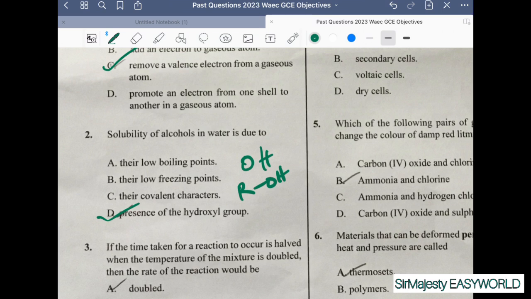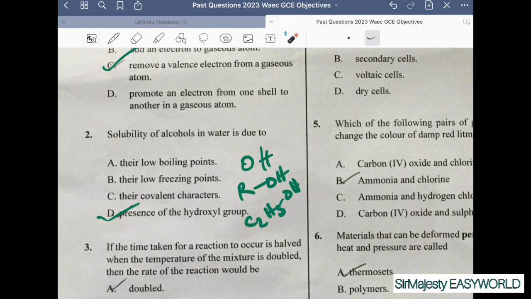is the alkyl group, and the alkyl group generally is actually having a charge of negative. We take it because it is mainly carbon and hydrogen, which are actually non-polar. Maybe C2H5OH for alcohol. You find out that from this point, this particular C2H5 is the R and is negatively charged.